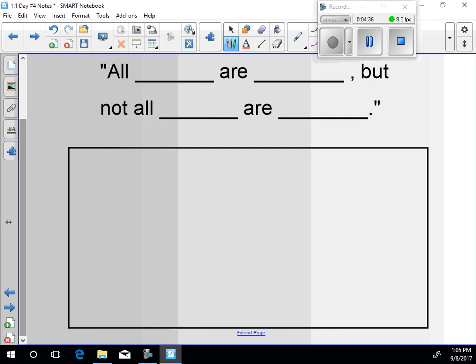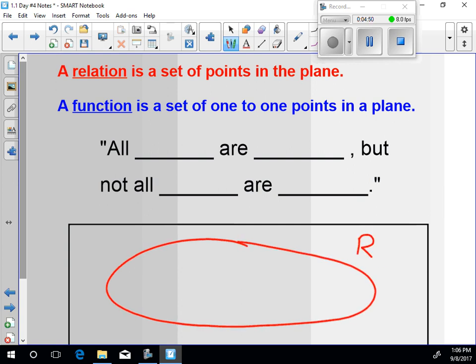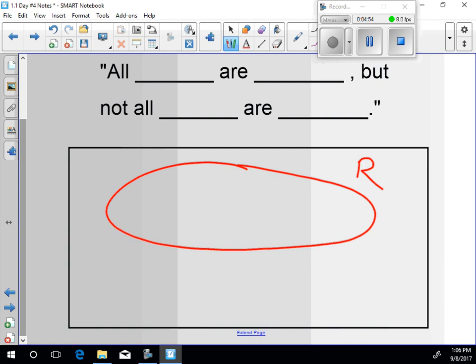What is the larger set here? Functions or relations? Relations are the larger set. So a relation in Venn diagram form holds within it all functions.